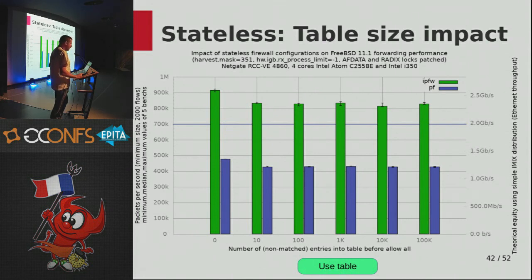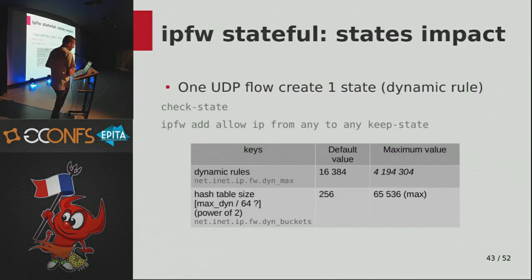Now I played a lot with stateless. So now let's play with a stateful setup. On my IPFW stateful, I tried to dig a little into the default configuration setup of IPFW. If you check, my packet generator generates only UDP, unidirectional flows.